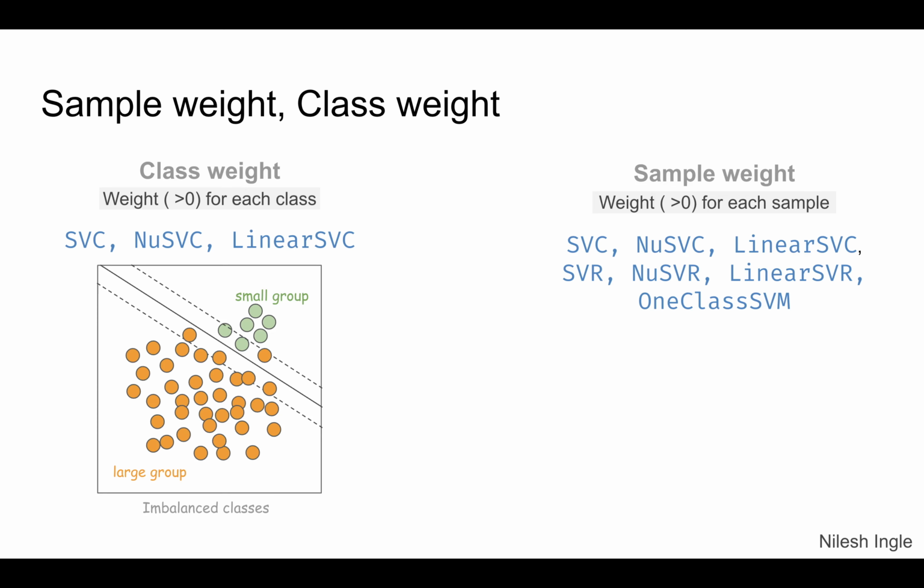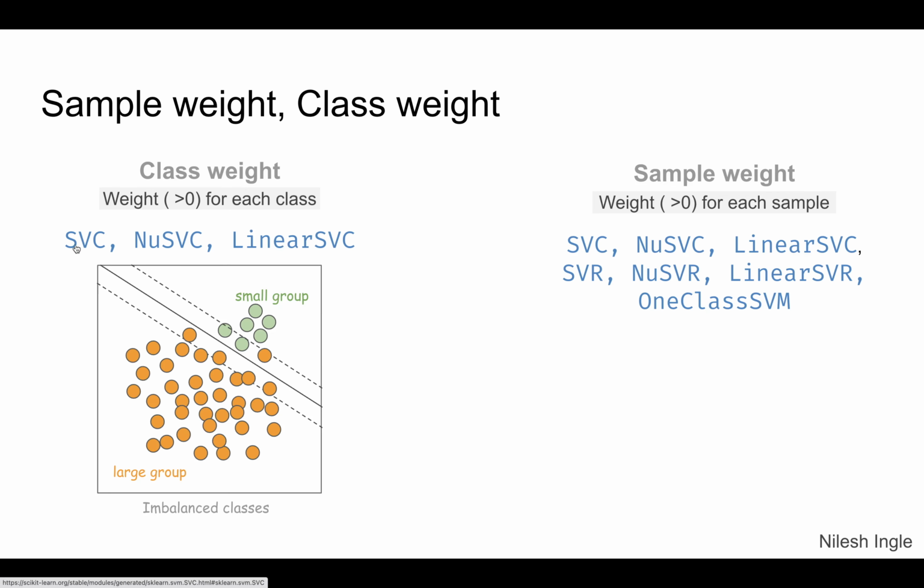Each sample, or each instance, would have its own weight that would then be used while performing the fit to find the optimal hyperplane that separates the classes or finds the best regression fit.